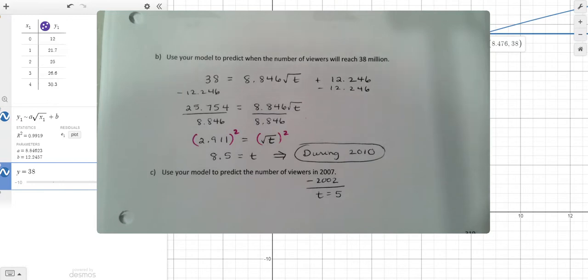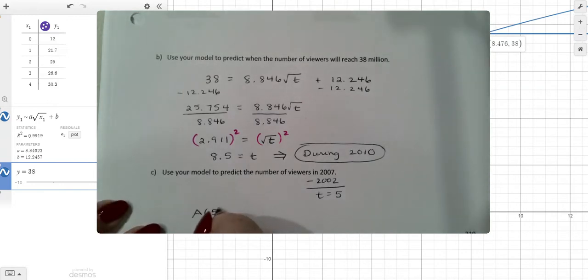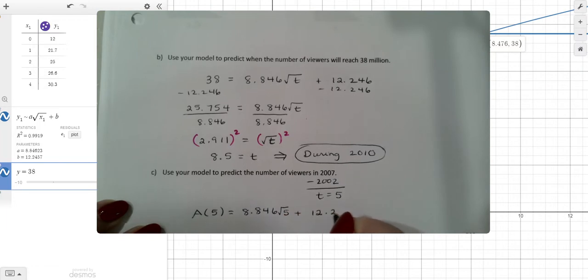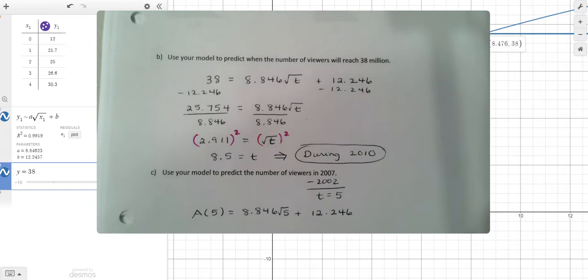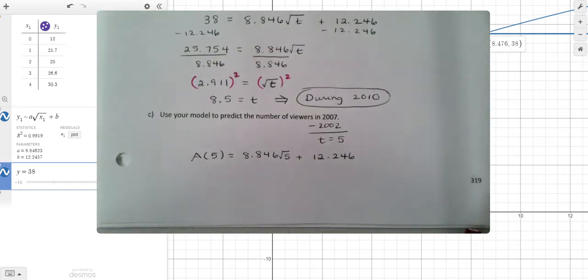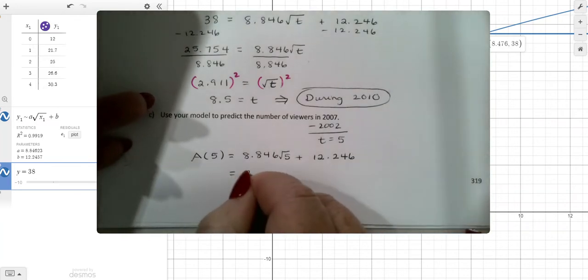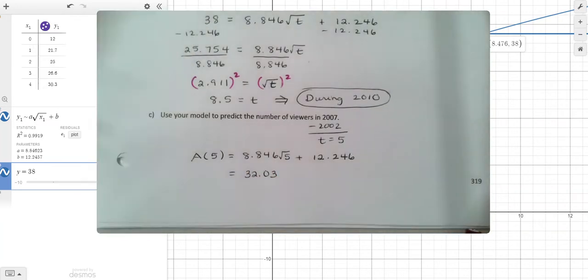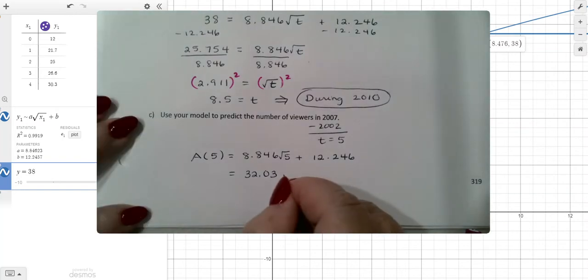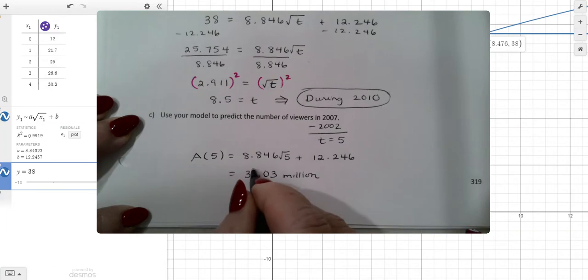And if I just plug that into my function and find a of 5, I get about 32.03. And that was viewers in millions, so about 32 million would be our prediction for 2007.